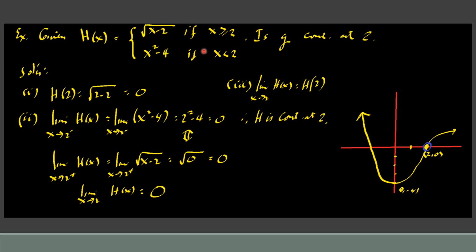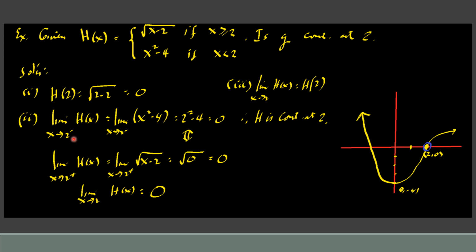And for all x greater than 2, h is the square root of x minus 2. Evaluating the limit of the square root of x minus 2 as x approaches 2 from the right, is the square root of 2 minus 2, or the square root of 0, which is 0.